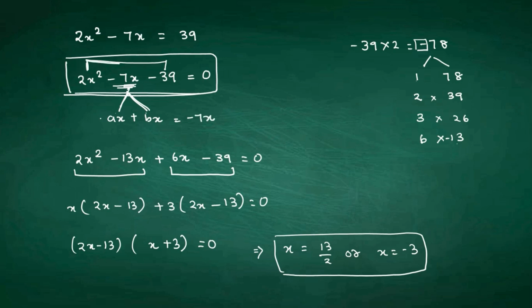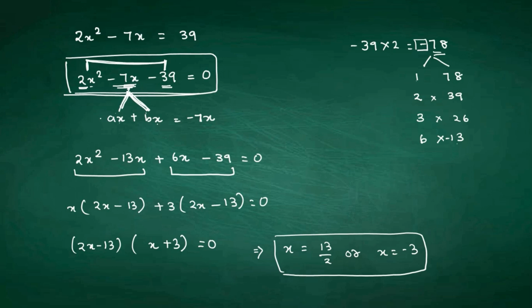And the product of the first and the last term, when I say product of the first and the last term, the x square coefficient into the constant, that product should be equal to the product of the splitted terms. As we will obtain x square when I take the product of the two splitted terms, right? So we are just considering the integer part. So it will be minus 7x.